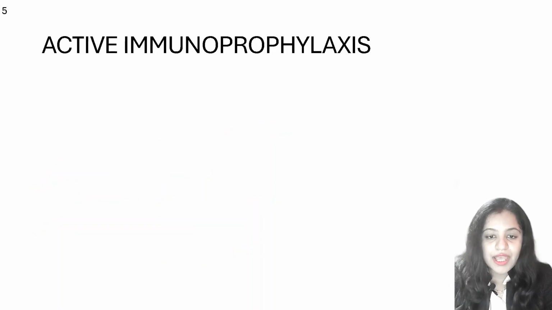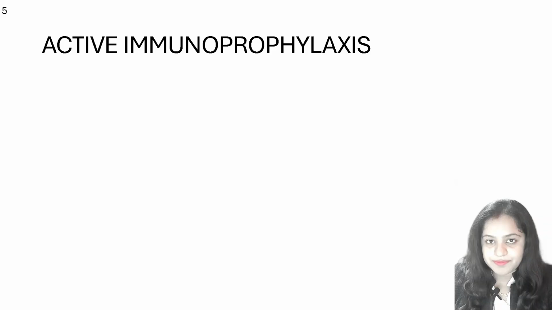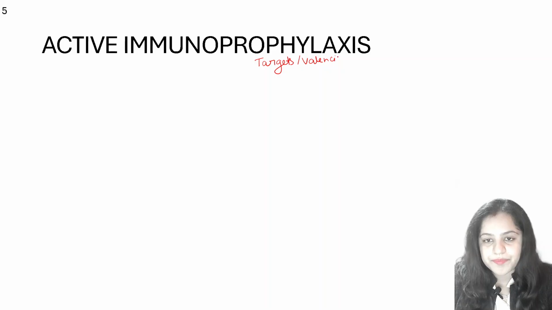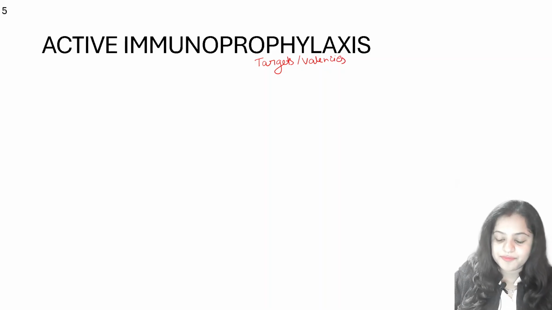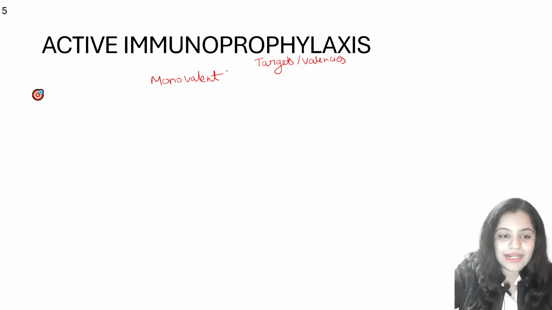Okay. Now, let's talk about certain principle for your vaccines, that is immunoprophylaxis. Now, your vaccines have certain targets or valencies. Based on this, your vaccine can either be monovalent. Now, it means that your vaccine has only one serotype.